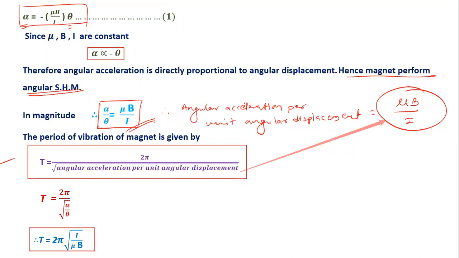T is equal to 2 pi under root I upon mu into B, and we can write this like this, theta upon alpha. Or we can write 2 pi I upon mu. This, after substituting, is the expression for period. I hope you understood this.